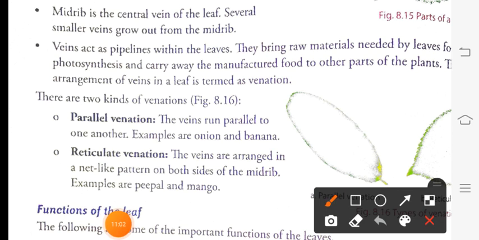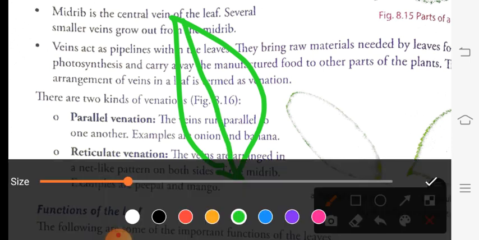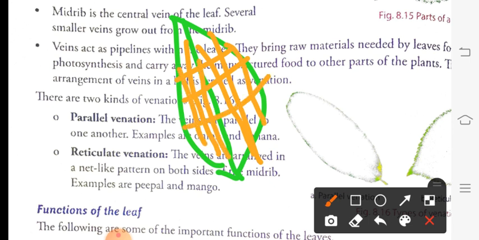The next type of venation we are going to see is reticulate venation. In reticulate venation, the veins are arranged in a net-like pattern on both sides of the midrib.